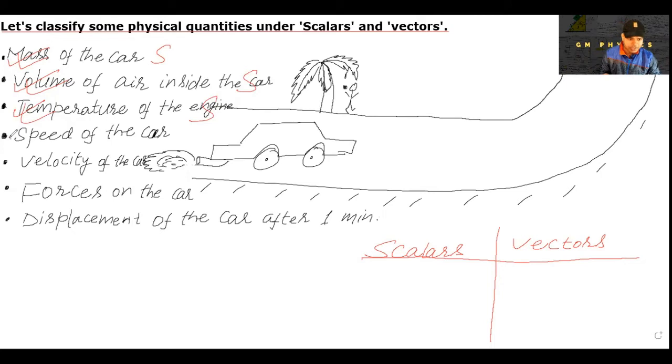Now let's talk about speed of the car. What is the speed? Speed is in fact the rate at which the length is being covered by this car, right? So suppose that the car is moving at a speed of 60 km per hour. It simply means at present, the car is moving in such a way that in 1 hour, it will cover a length of 60 km.